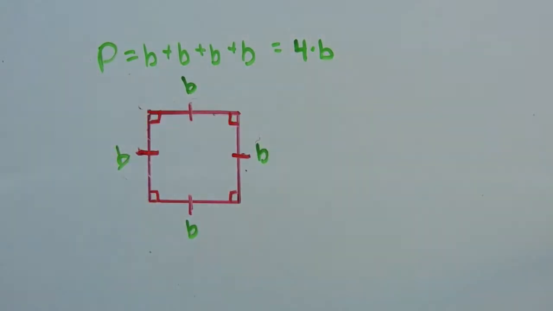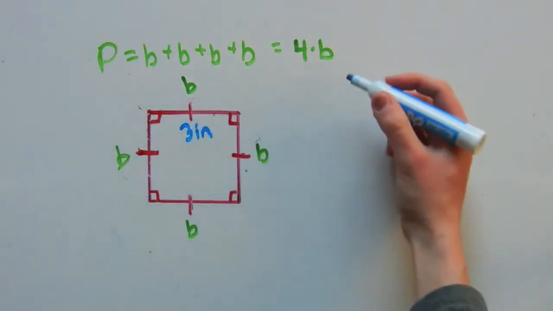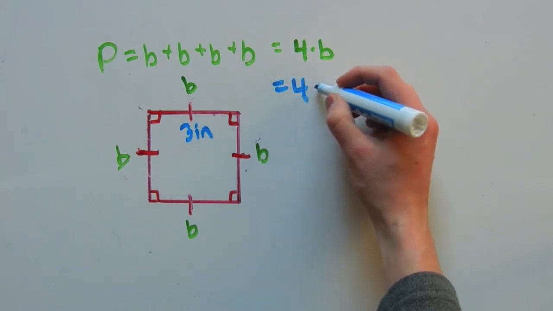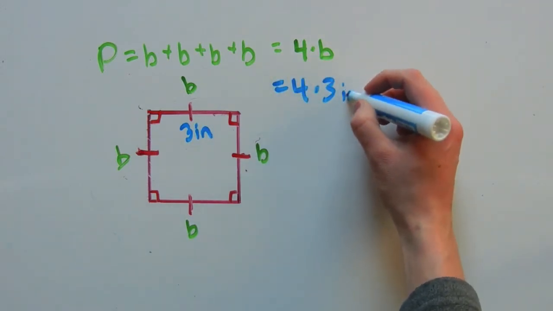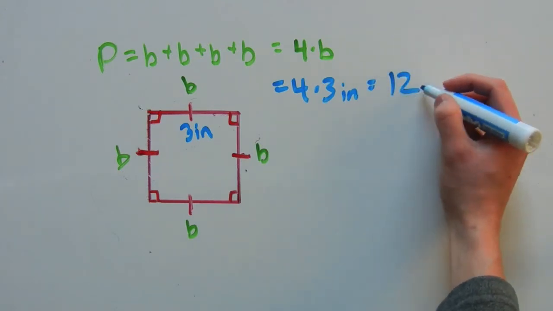B is 3 inches. So 4 times 3 inches is going to be equal to 12 inches.